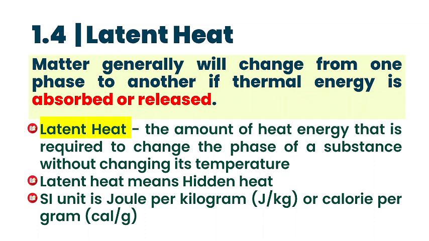In the SI, we can use units like joule per kilogram, or simply J per kg, or calorie per gram, or small calorie, that's small letter c, not big letter C, cal per g, to measure the heat required to change the state of matter.